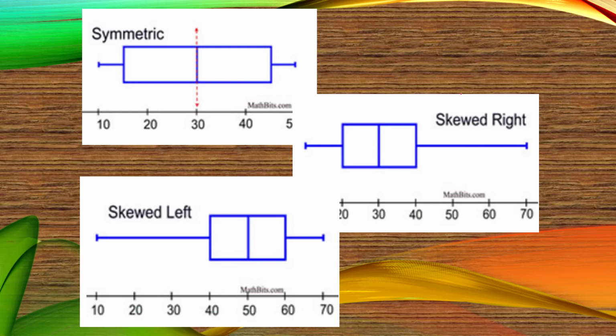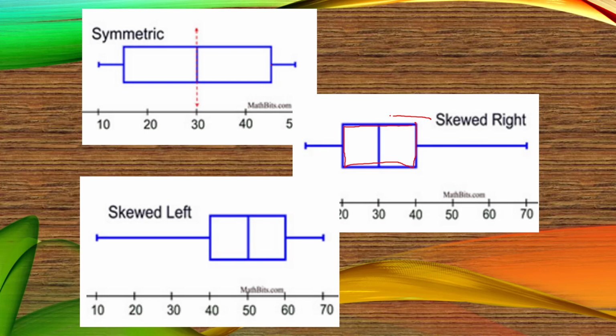So, symmetric data tends to have the median in the middle of the box, and the box is relatively centered within the set of data. Skewed left or skewed right, the median tends to be slightly off-center, although it doesn't have to be. But the box itself is typically off-center.